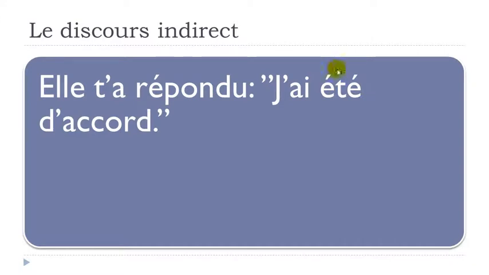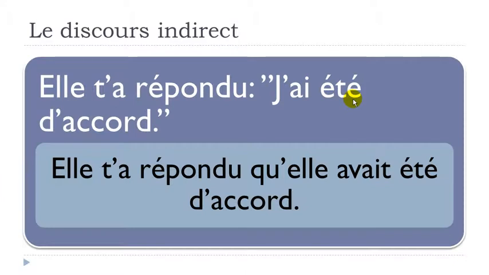So j'ai été, this is the passé composé. That's what we'll have to modify and put like here, elle avait été, in the plus-que-parfait. So we get, elle t'a répondu qu'elle avait été d'accord.